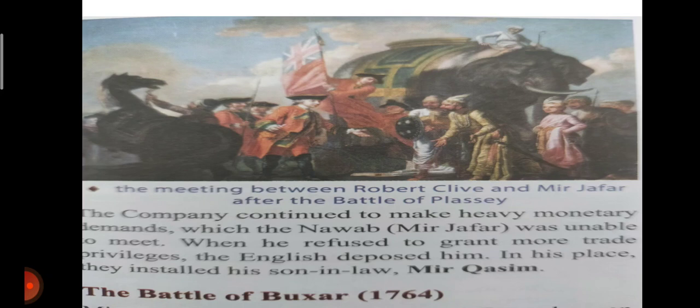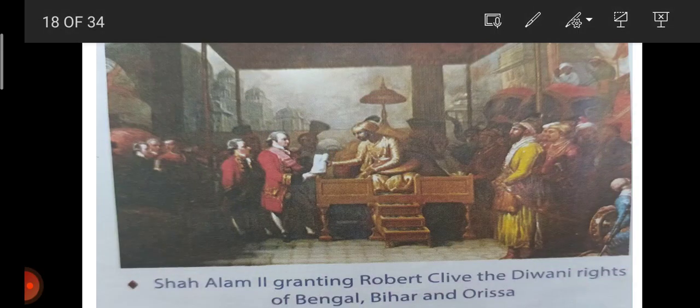That is why a battle was fought in Buxar, the Battle of Buxar. You can see here Shah Alam II granted Robert Clive the Diwani right of Bengal, Bihar and Odisha.